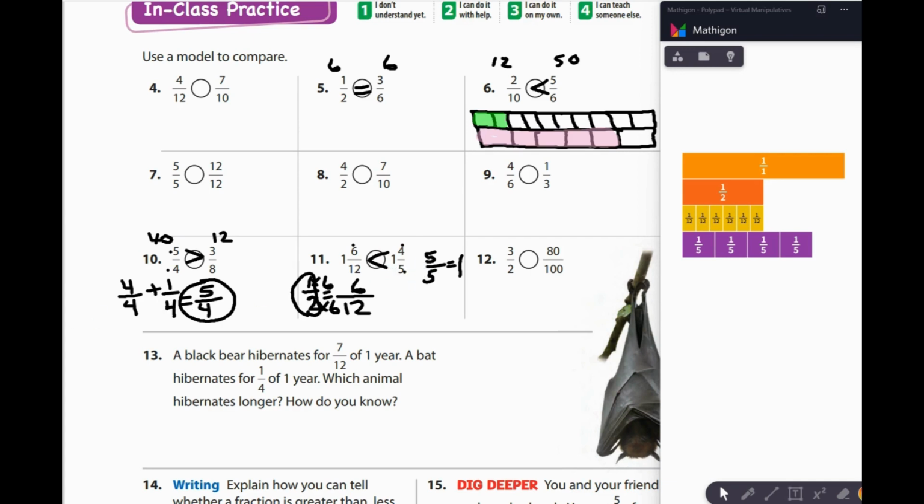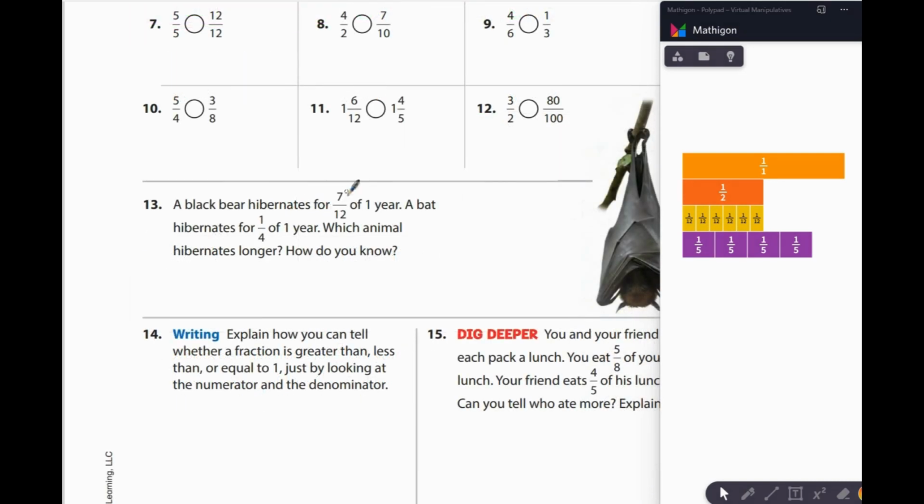All right. Let's take a look at number 13. Let's do a word problem. A black bear hibernates for 7/12 of a year. A bat hibernates for 1/4 of a year. Which animal hibernates longer? Let's compare. First of all, let's highlight what we need to know. They're asking me to find the greater fraction. I'm going to put my fractions here: 7/12 compared to 1/4.